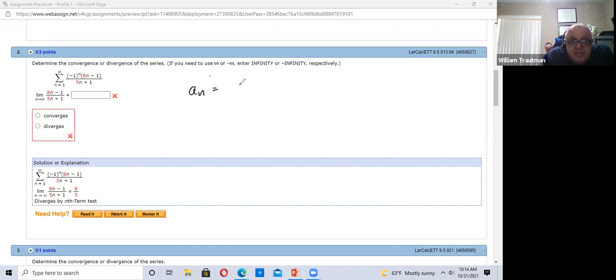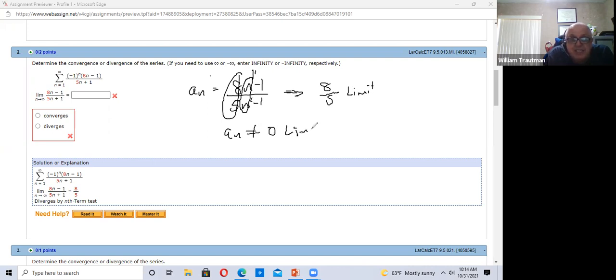Well, our a sub n is 8n minus 1 over 5n minus 1. If you look at this, these are the n's with the same power. So we can say this limit approaches 8 over 5. Since the limit does not approach 0, we can say this diverges.